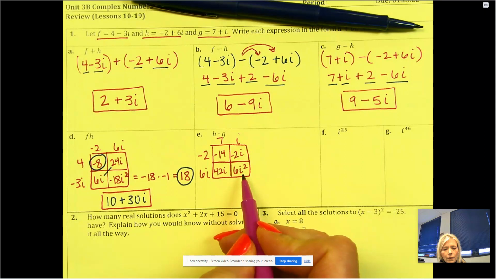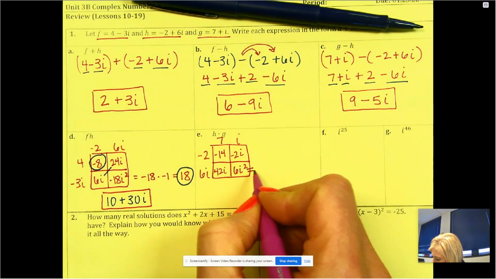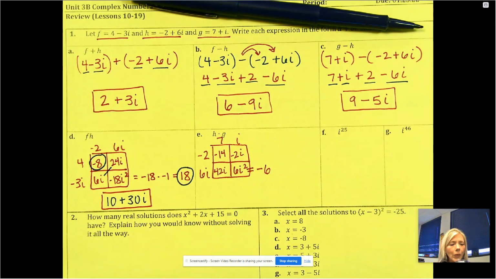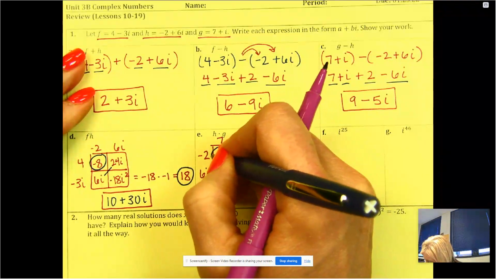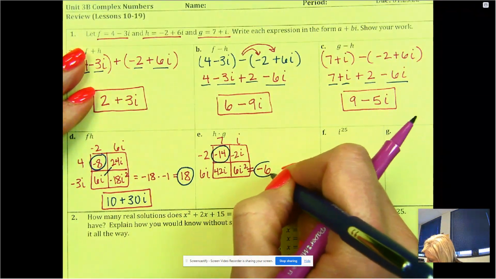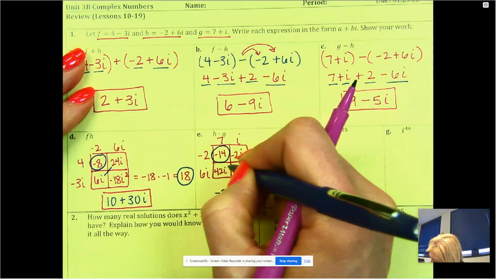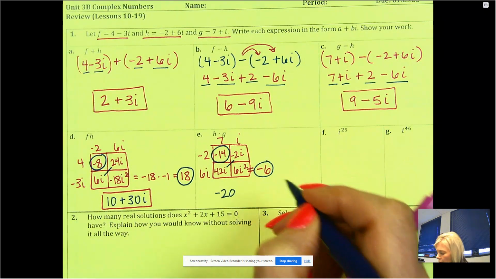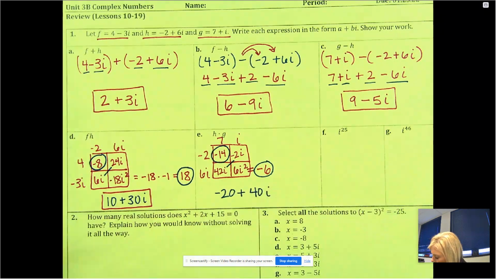So again, I've got this i squared here. i squared is equal to negative 1, so this bottom box equals negative 6. So the total of the real numbers, negative 14 plus negative 6, is equal to negative 20. And then the imaginary, 42i plus negative 2i, is positive 40i.